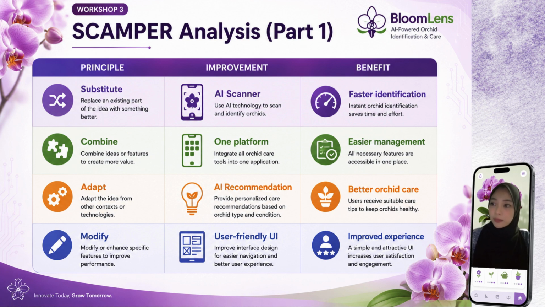Modify. Make the app more intuitive and user-friendly to appeal to both amateur and professional orchid growers. The outcome is that users can learn how to use the app easily, have a better experience overall, and it is more accessible to a wider audience.